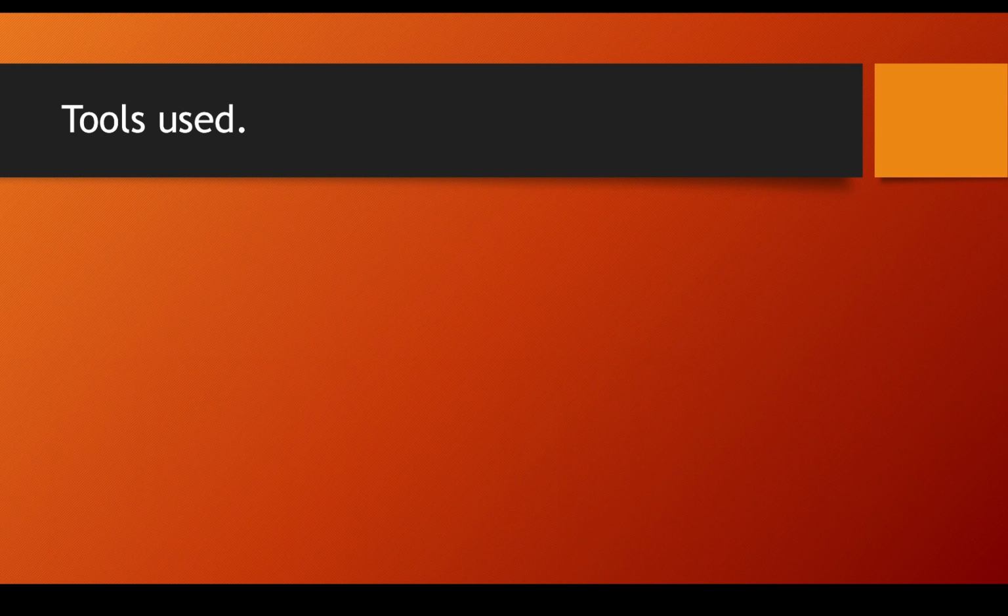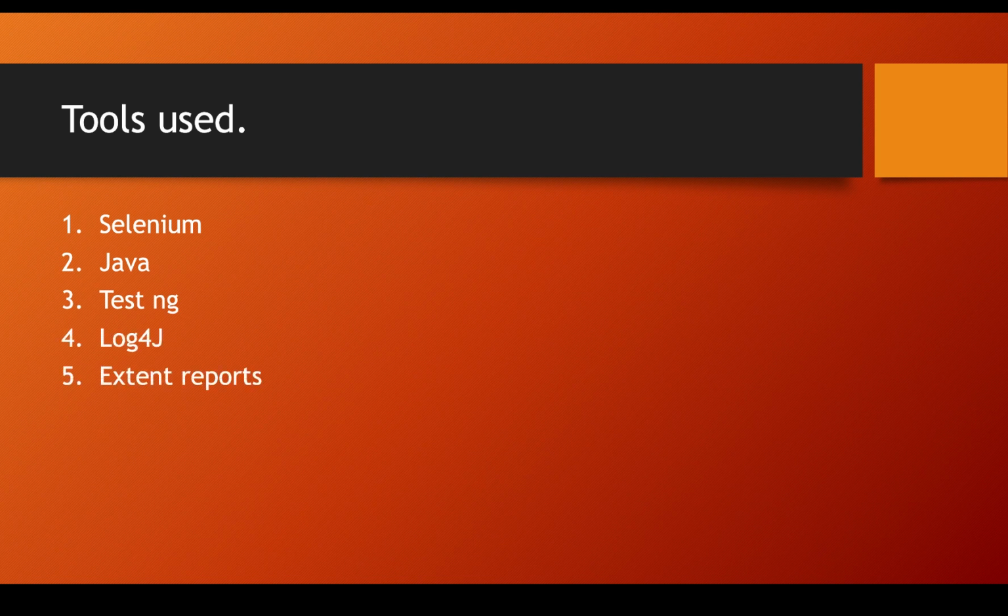The tools that I have used, or we will use, are Selenium and Java, and in the later part we will use TestNG, Log4j, and extent reports, right? Because for evidence also, if we are doing the testing, we need evidence, like, okay, this is not working, then we can convince the developer that this is the bug, right? So this is all for automation testing as of now.